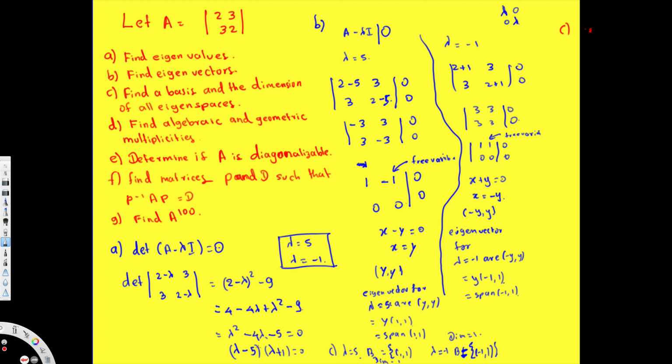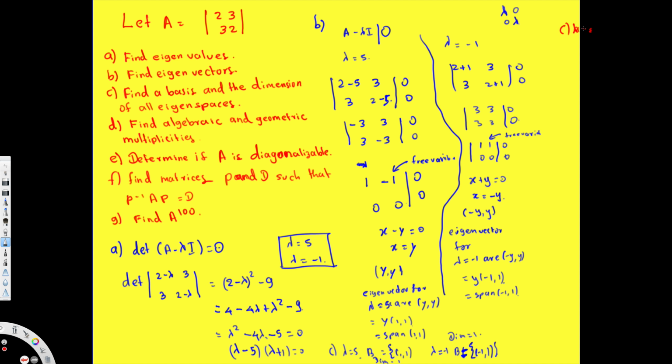For example, if you have (lambda minus 5) squared, then the algebraic multiplicity is 2. But in this case, it's just power 1. It depends on the power. If you have power 3, the algebraic multiplicity is 3. So in this case, it's just 1.